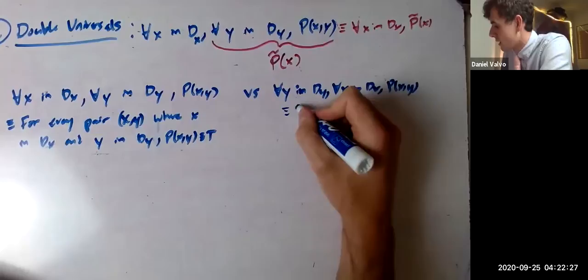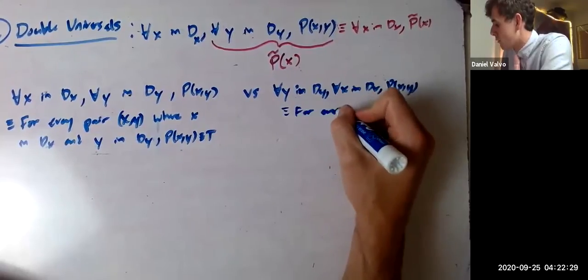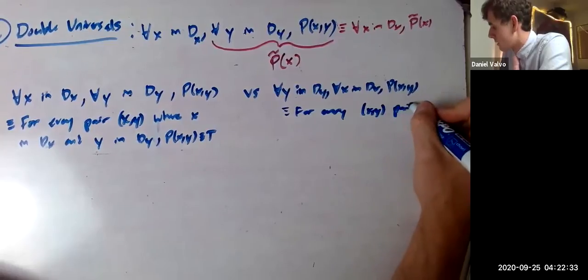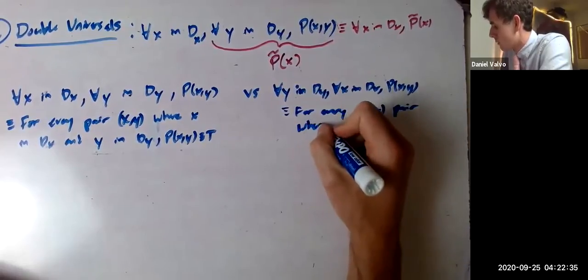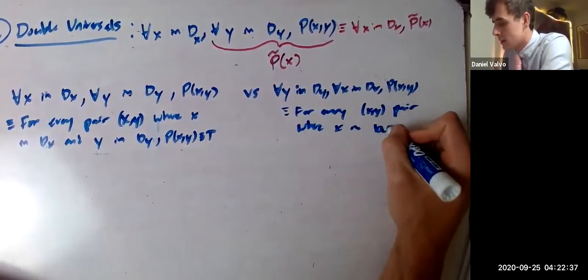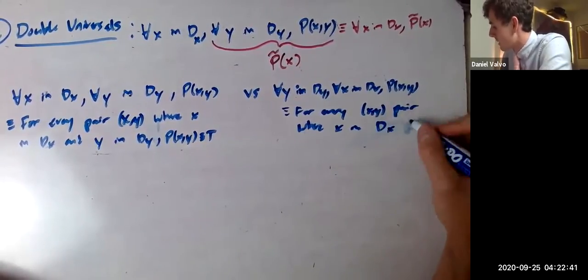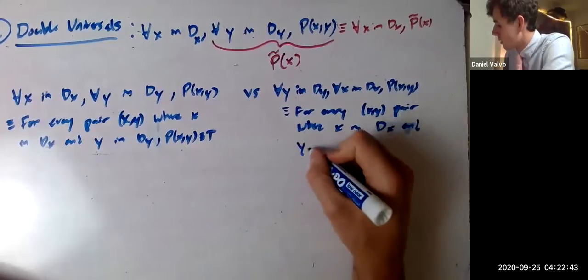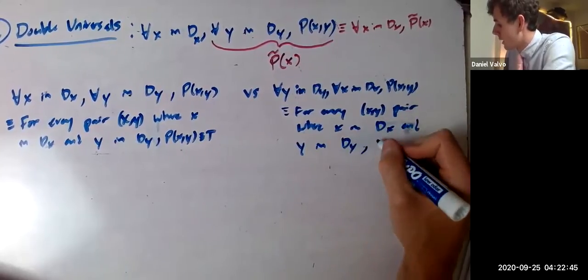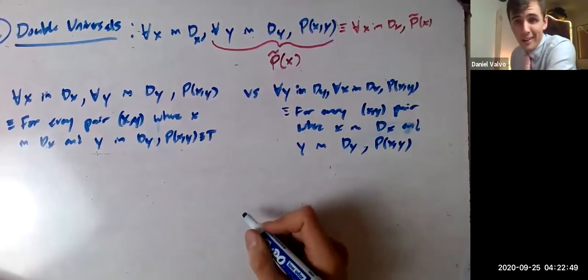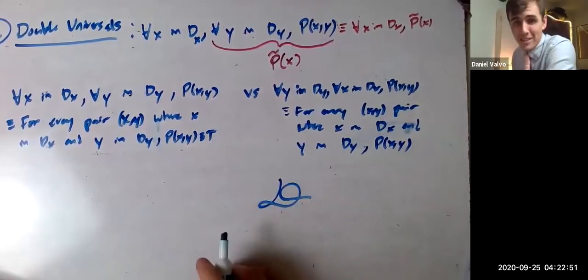This is saying for every x, y pair where x is in D_x, that's not a D, it's only the first letter of my name, and y is in D_y, P of x, y is true. By the way, I'm a boss of capital D's.